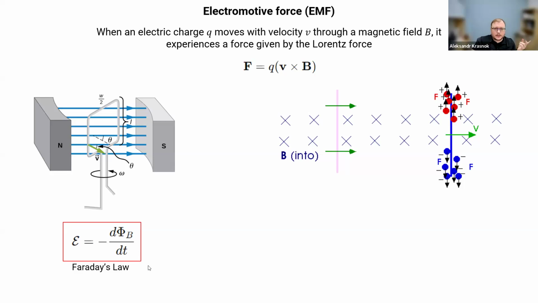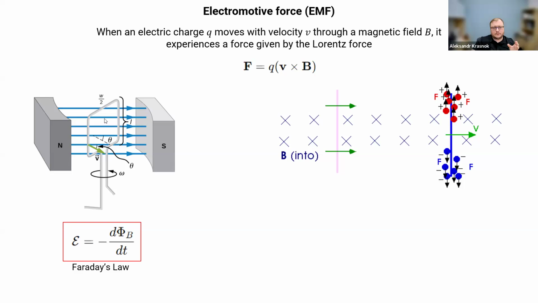And Faraday discovered this law, which now bears his name, Faraday's law, that the electromotive force is proportional to the time change of the flux of the magnetic field through this coil.